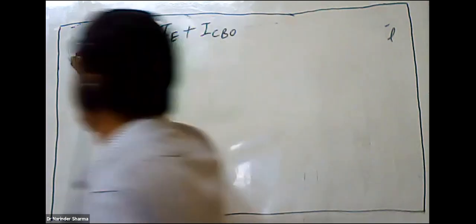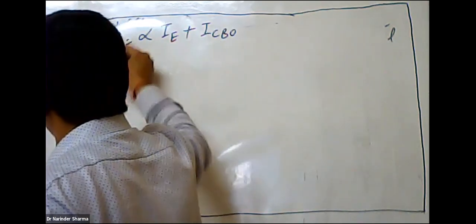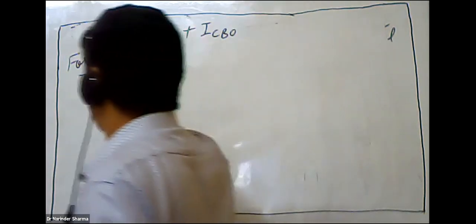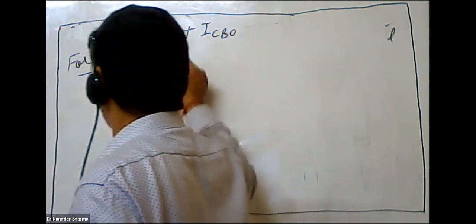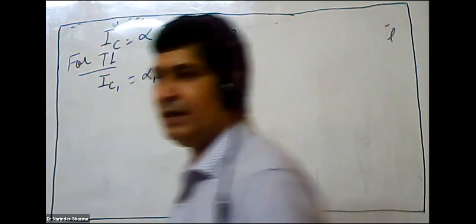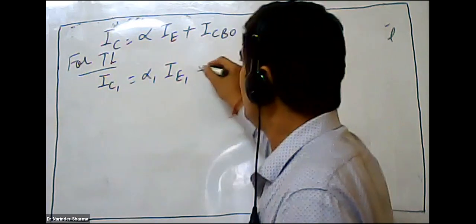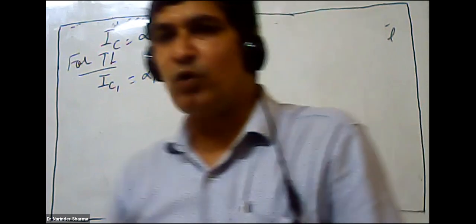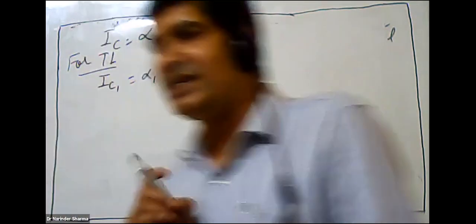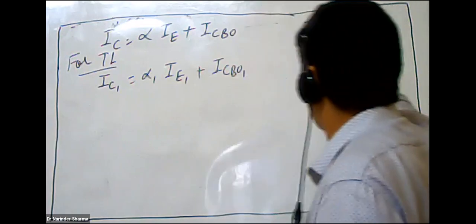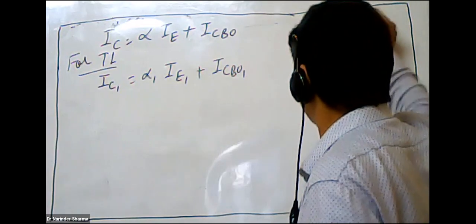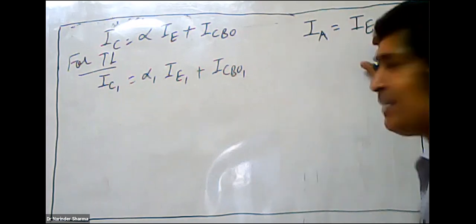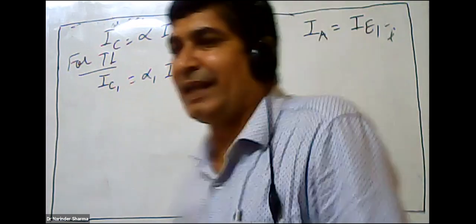Let us say for transistor 1, it would be IC1 equals alpha 1 IE1 plus ICBO1. You have noted that in the equivalent circuit, IA is connected to IE1, so the anode current can be said to be equal to the emitter current 1.